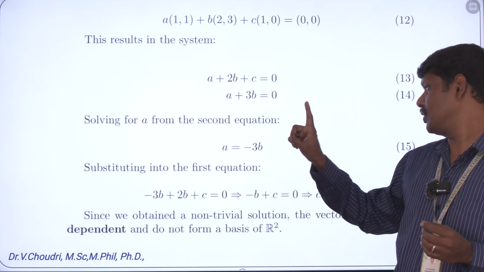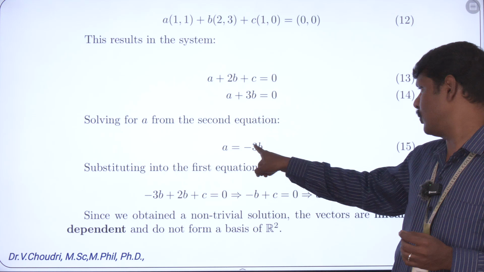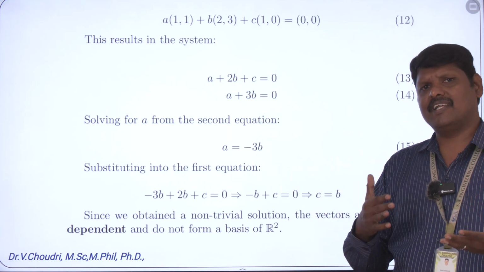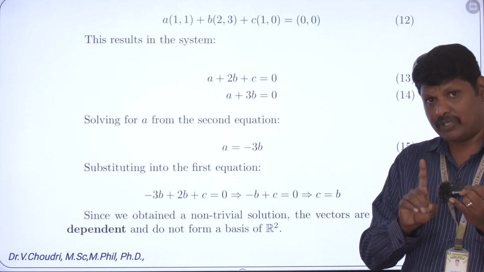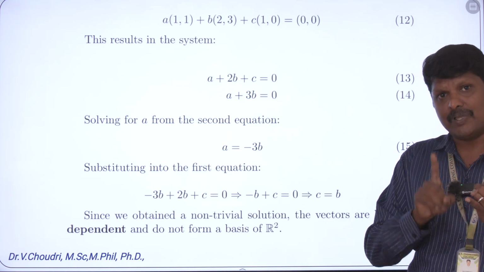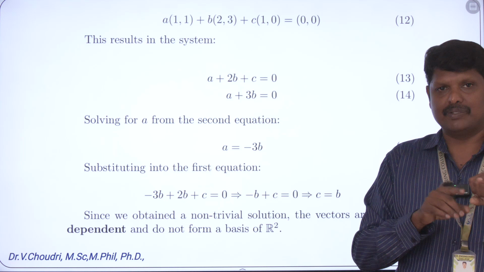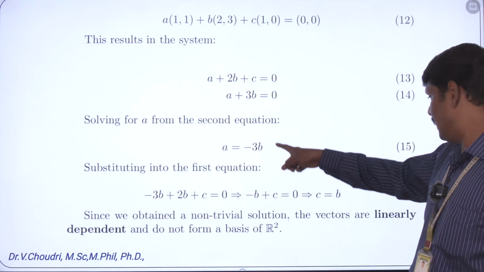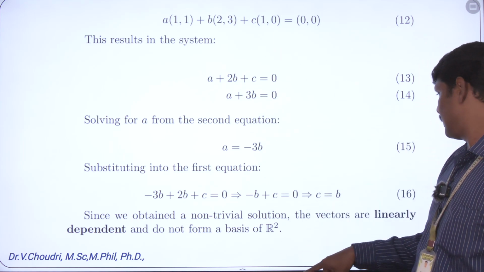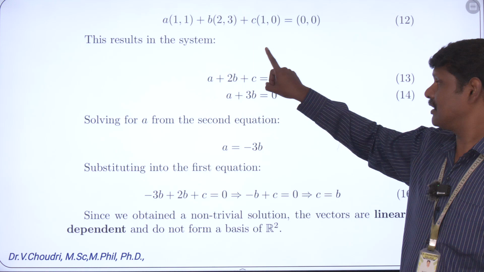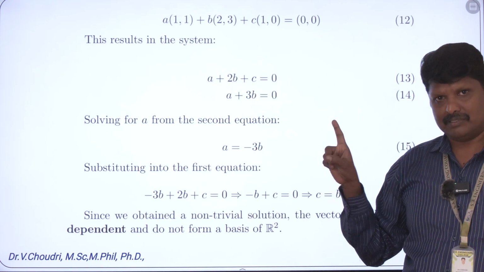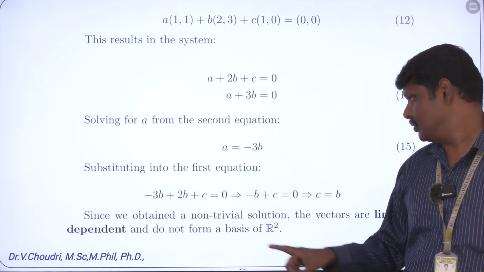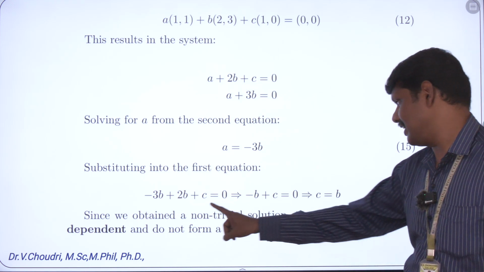So here, the constants A, B are surely not equal to 0. At least one of the constants is not equal to 0. That's why it is called linearly dependent.